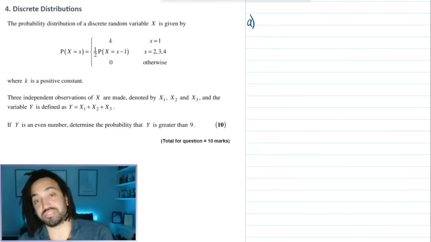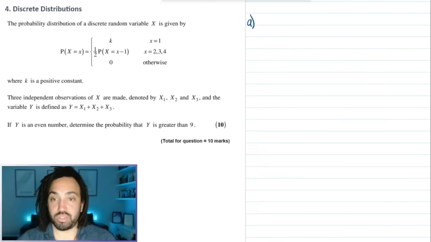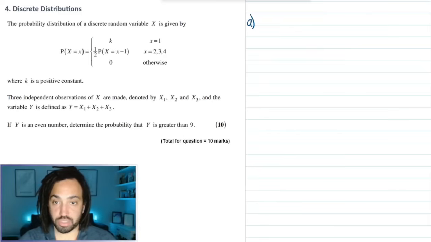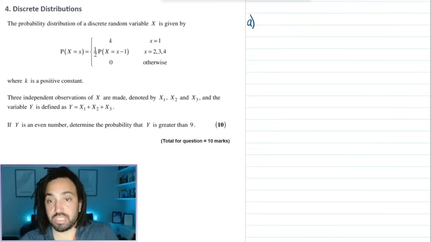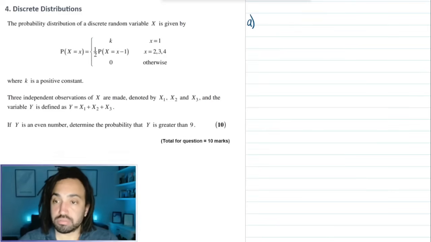Okay, so what's going on here? Well, this is a distribution whereby certain values of x are obtained. Now, what we could do is set up a table to see what this distribution is doing, which is probably the best thing to do.